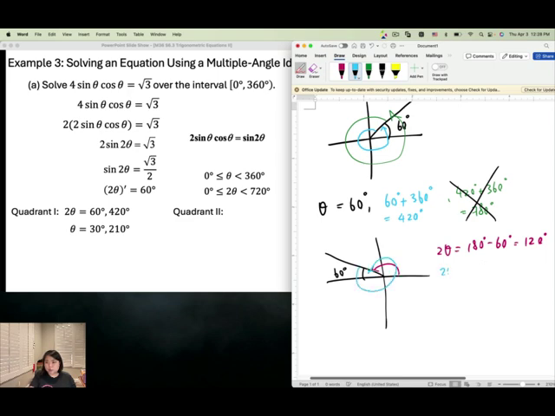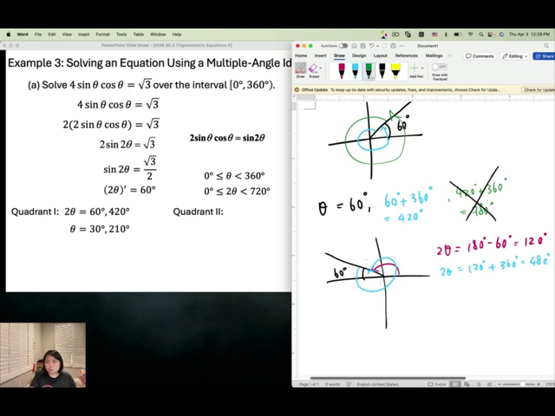So 2 theta will be 120 plus 360, and that will be 480 degrees. Okay, that's the second solution.